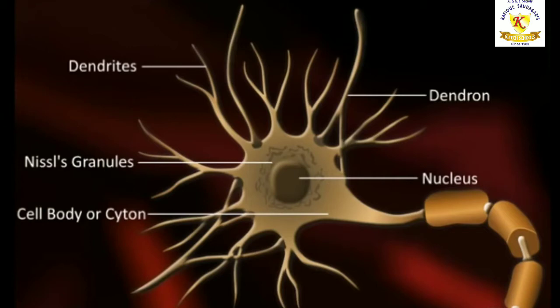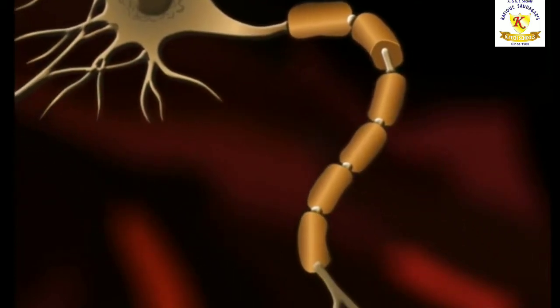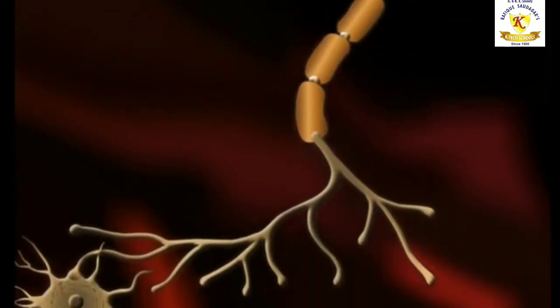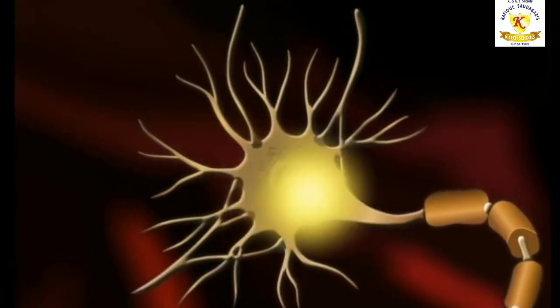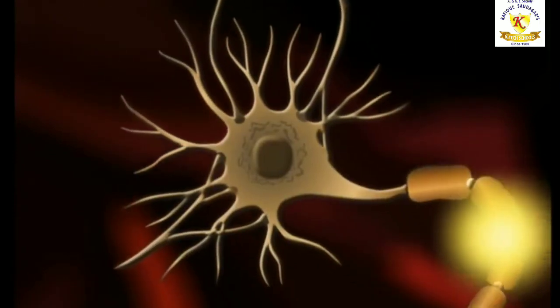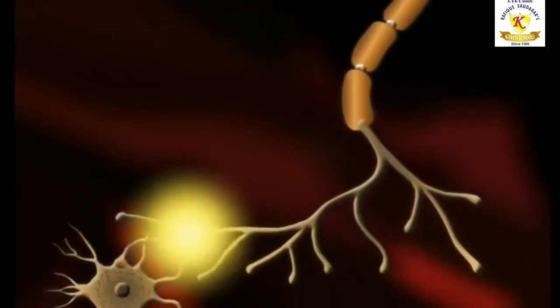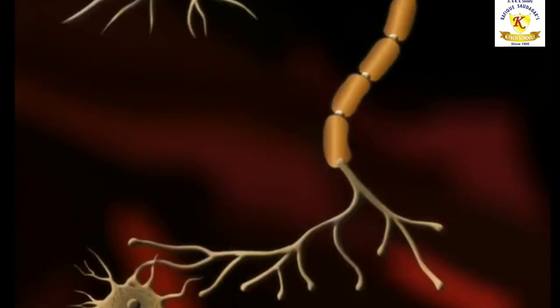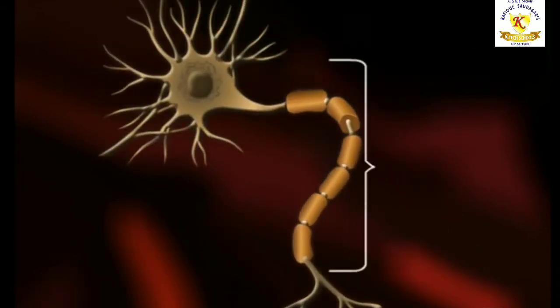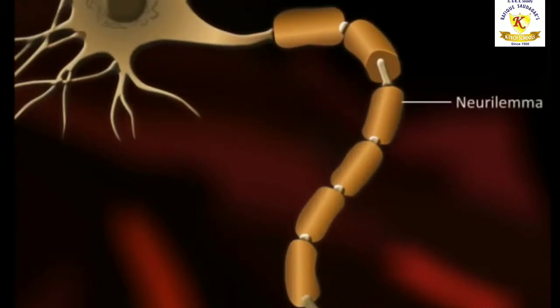Dendrites are terminal branches that arise from dendrons. Axon is single, long and cylindrical. Its primary function is to conduct the nerve impulses away from the cyton. The plasma membrane of the neuron is called the neurolemma.